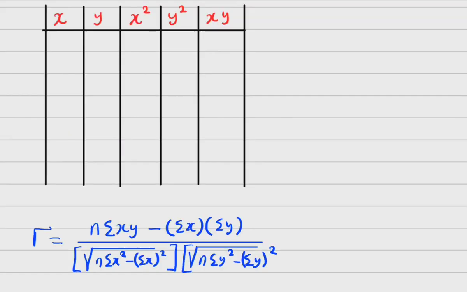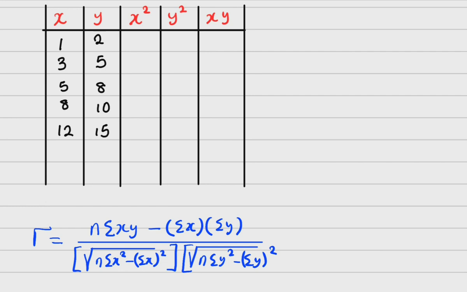So in continuation, we have our x. Remember, it has been given to us already from the question. So we have 1, 3, 5, 8, 12. That is our x. Then y, we have 2, 5, 8, 10, then 15. Okay, so we need to get our x squared.